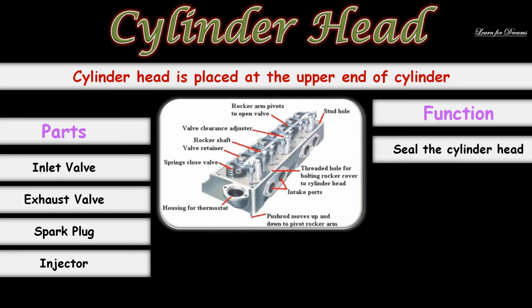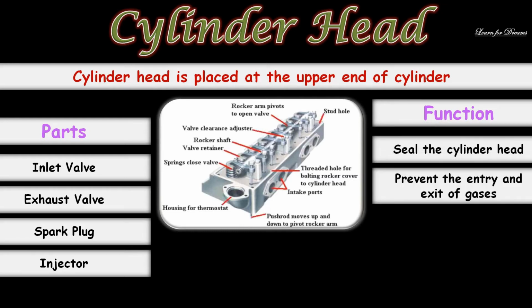Next one is the function to seal the cylinder head. The cylinder head will seal the cylinder block so that no exhaust charge moves out, or the charge does not leak out from the combustion chamber, to avoid power loss. So sealing the cylinder block is the main function. Next one is to prevent the entry and exit of gases.